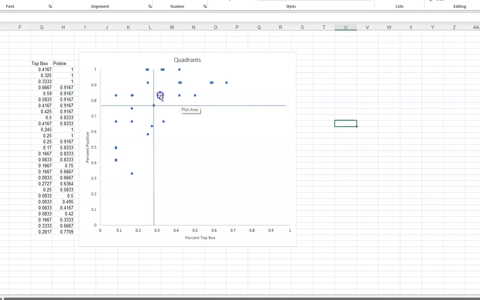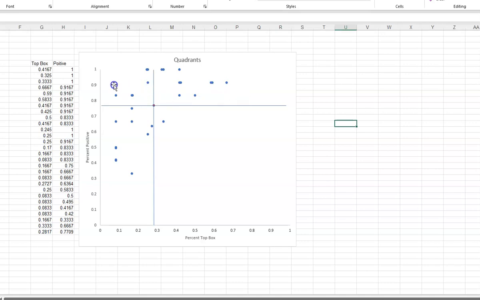The other thing on this scatter plot are these lines, which represent the survey average for percent top box and percent positive. This vertical line right here represents the survey average for percent top box. And if you remember, that was 28%. So everything to the right of that line had a higher than average percent top box for this survey.